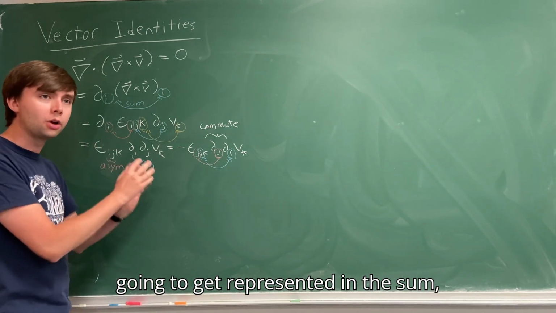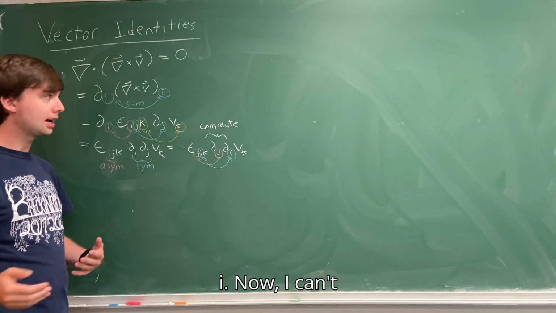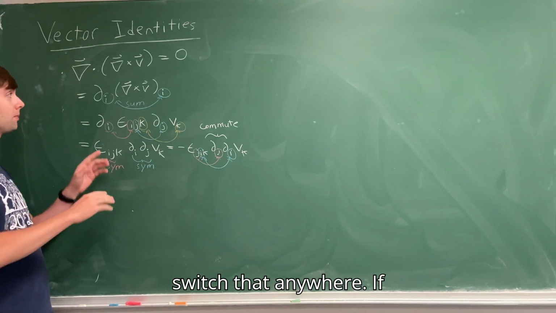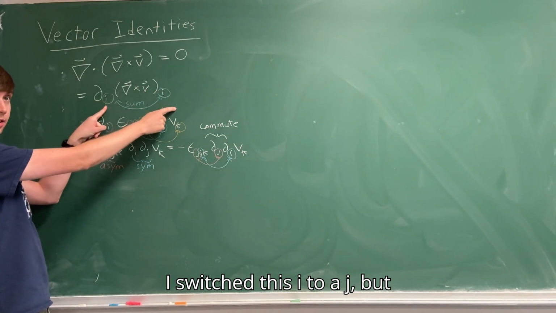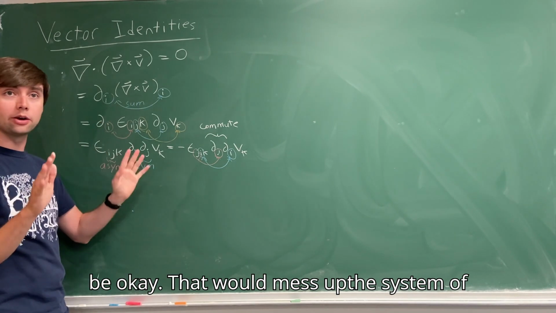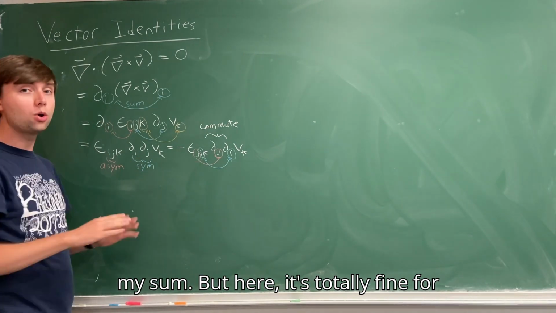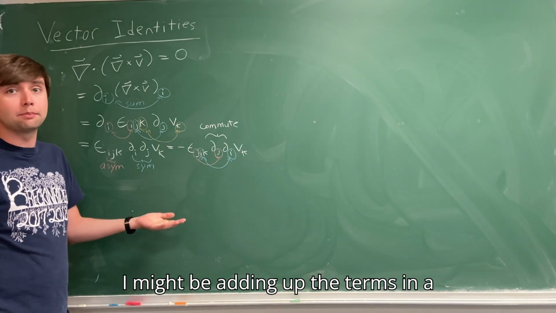All terms are going to get represented in this sum, whether I call it j or whether I call it i. Now, I can't switch that anywhere. If I switched this i to a j, but didn't switch that one, that wouldn't be okay. That would mess up the system of my sum. But here, it's totally fine for me to rename things. That just means that I might be adding up the terms in a different order.